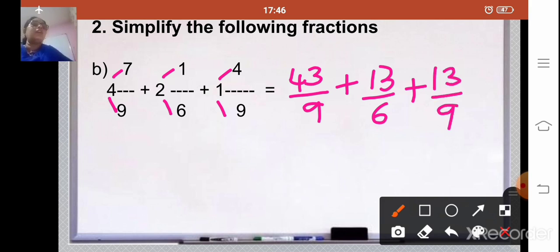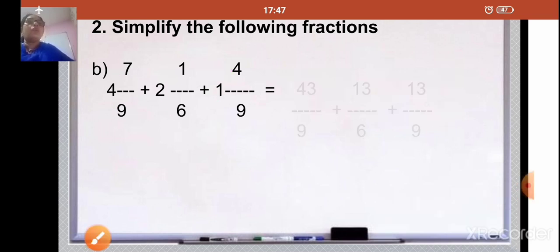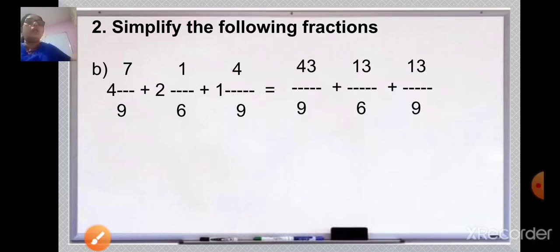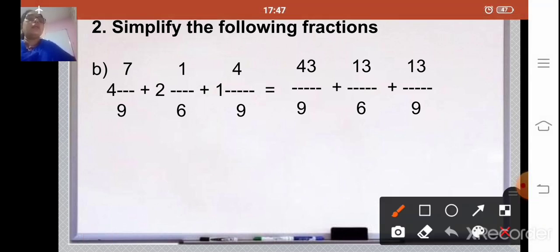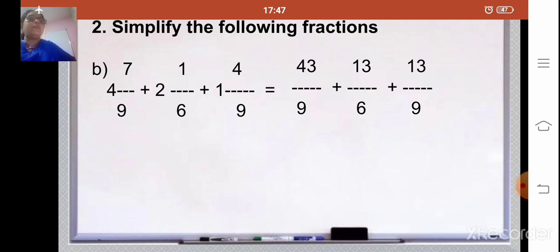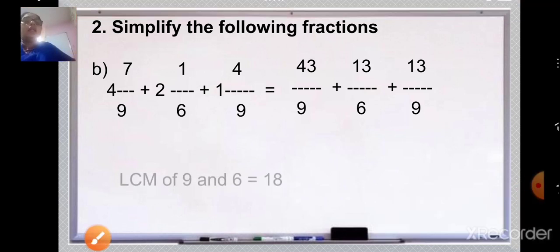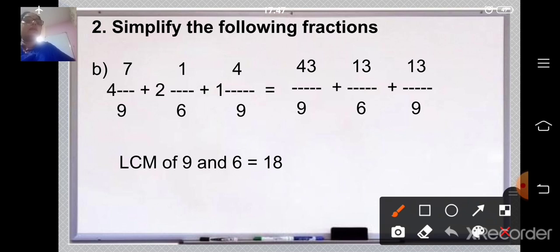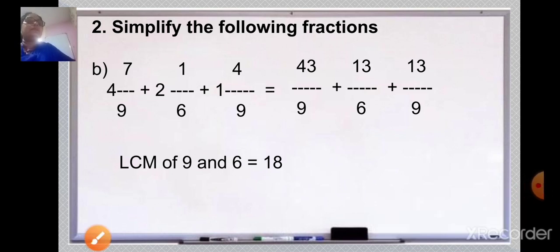Now here, as the denominators are different, you have to take the LCM of 9 and 6. Now the LCM of 9 and 6 is 18.